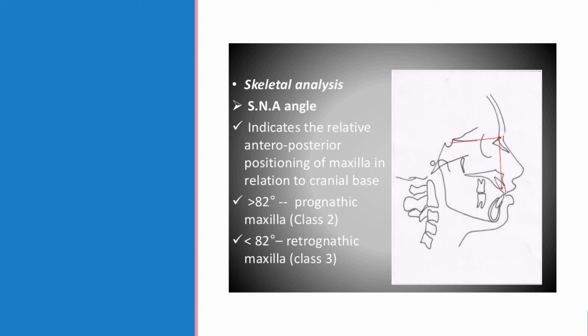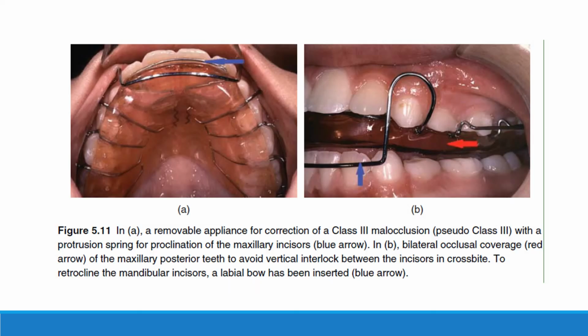Treatment in mixed dentition. Various treatment options are available for class 3 occlusion of dental origin, like pseudo class 3 or anterior crossbite with functional shift. In the mixed dentition, a common method is to use a removable appliance.